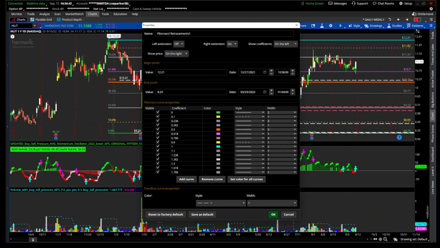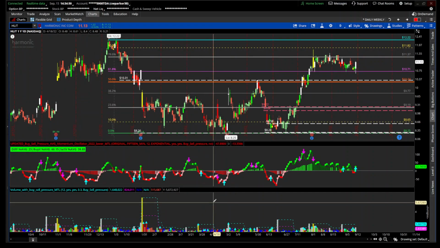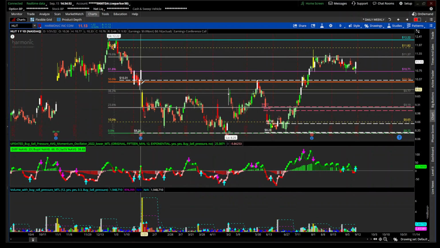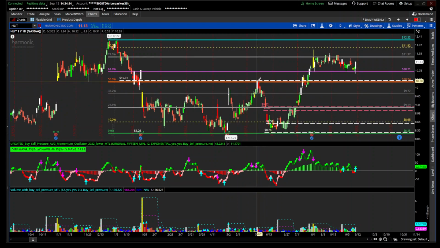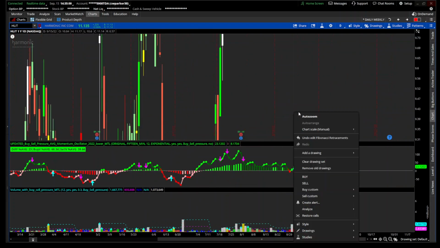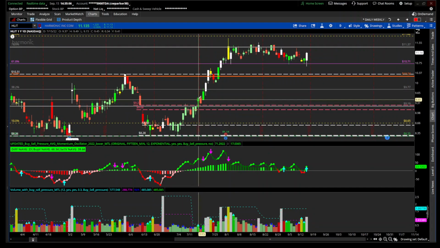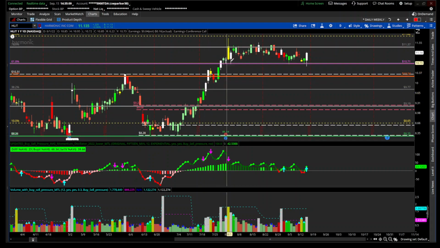I would look at 12, 22, and 825. I was throwing some fibs as well, and I would just find these bumps, and you definitely need to wait for this break above. But for the most part, really this gap area right here, look for a close above this gap area, and ride it along from there.